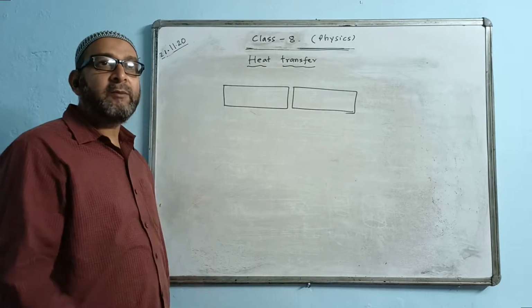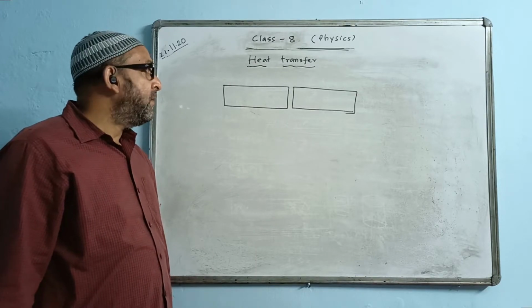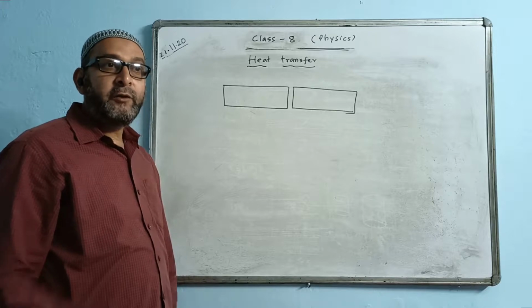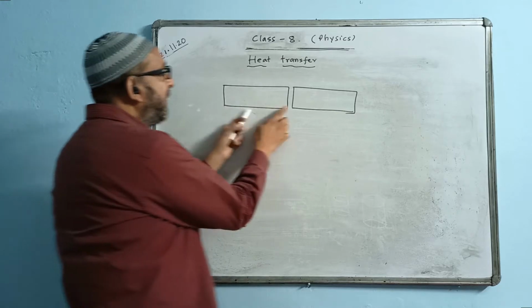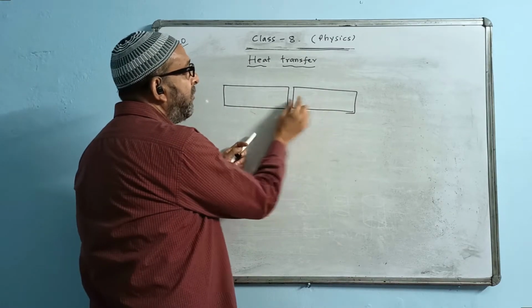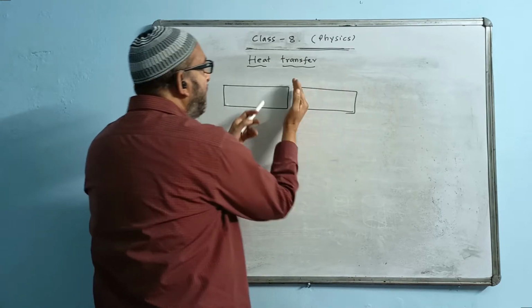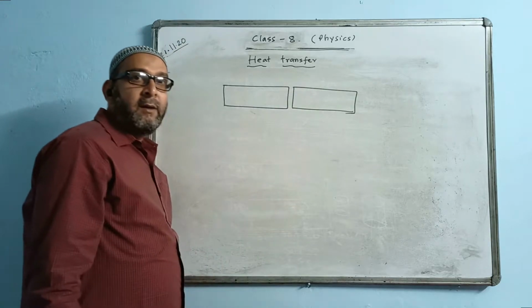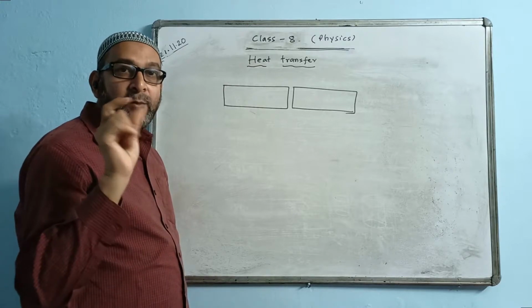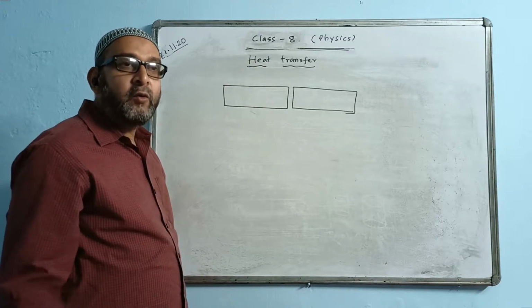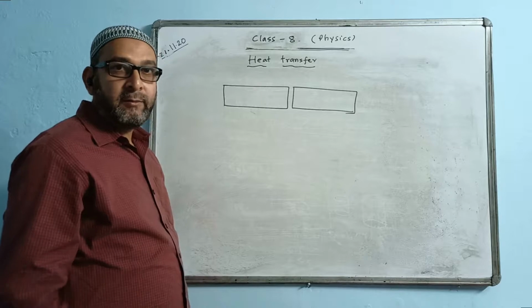This is a reason type question. The reason is during summer time length expansion takes place. The length of the track will increase on both sides, this side also and this side also. So the gap is left to accommodate or to allow the linear expansion.